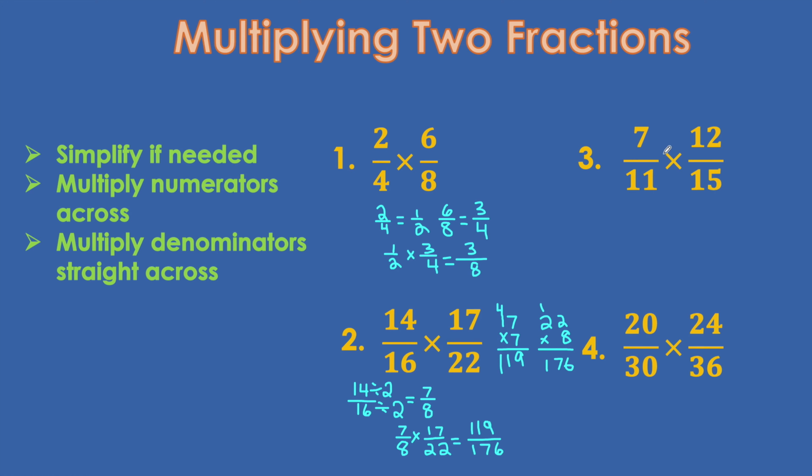Moving on to number 3. We have 7/11 times 12/15. We can simplify the second fraction, 12/15. You can divide top and bottom by 3.